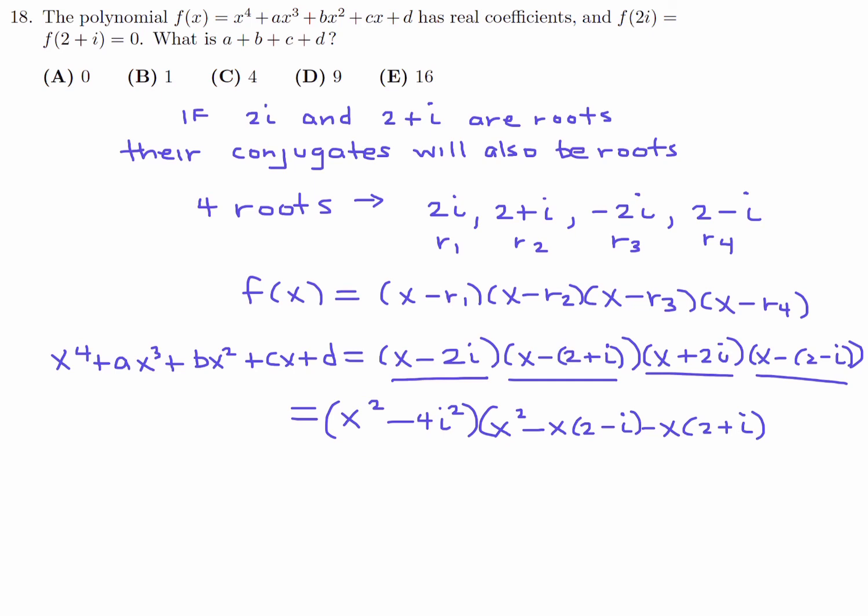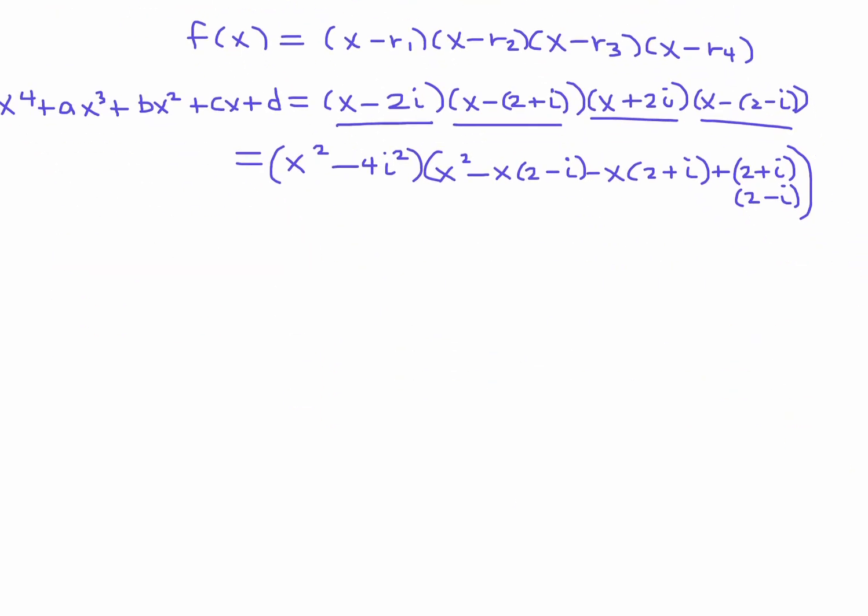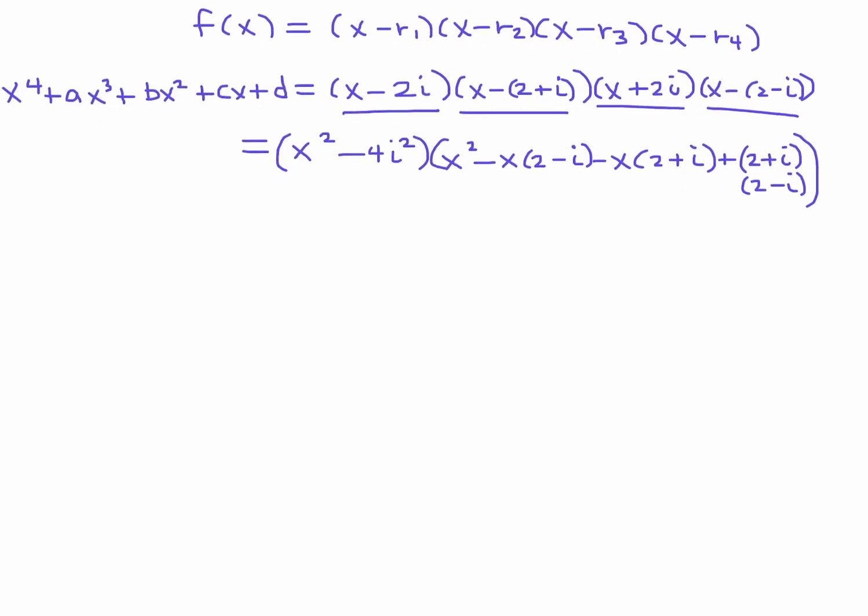And then we've got plus 2 plus i times 2 minus i, like that. All right, so here we go. So this one, i squared is negative 1, remember? So we can put that in, negative 1. So this becomes x squared plus 4.